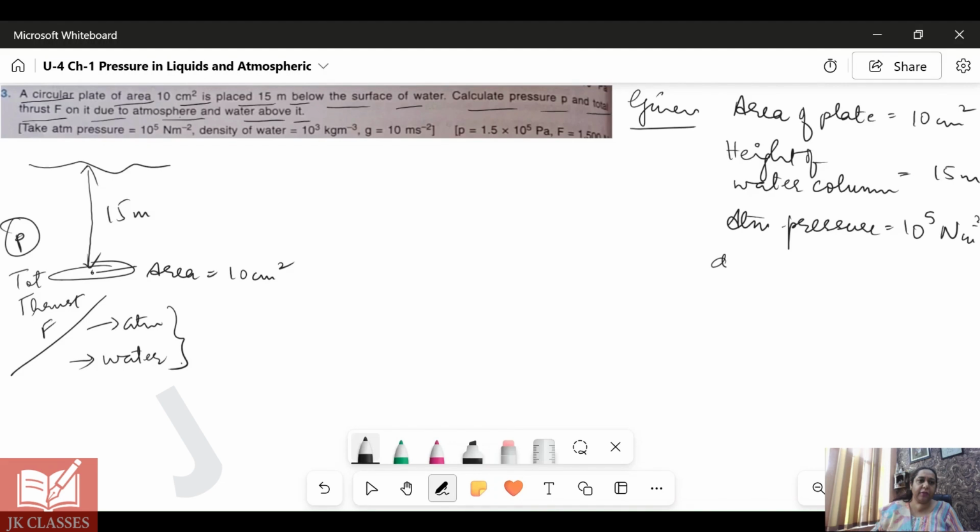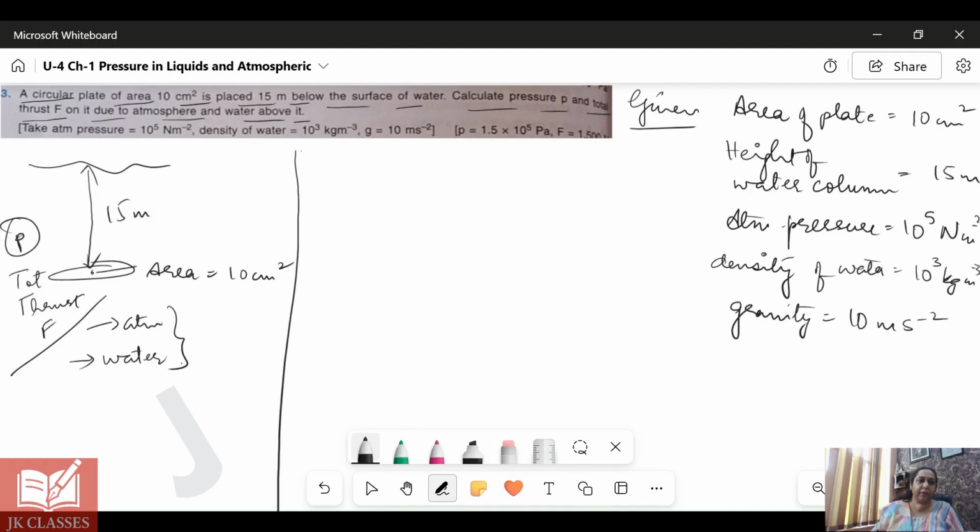Next is density of water, 10 to the power 3 kg per meter cube, and gravity, acceleration due to gravity is 10 meters per second square. Right? Let's begin with the calculations.